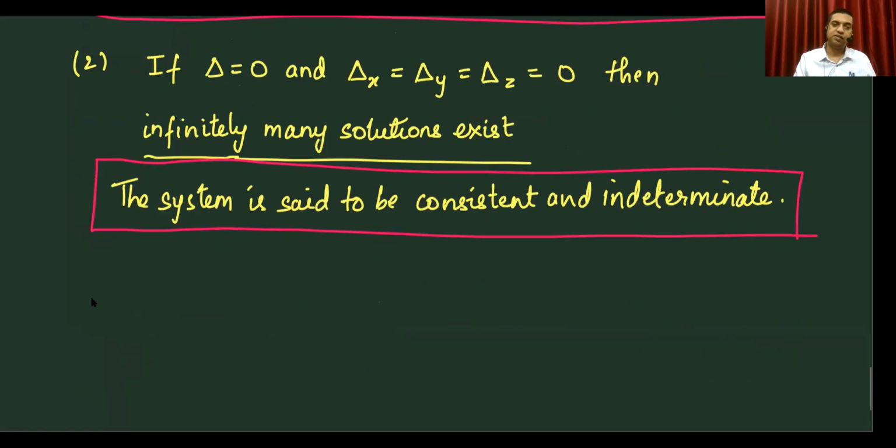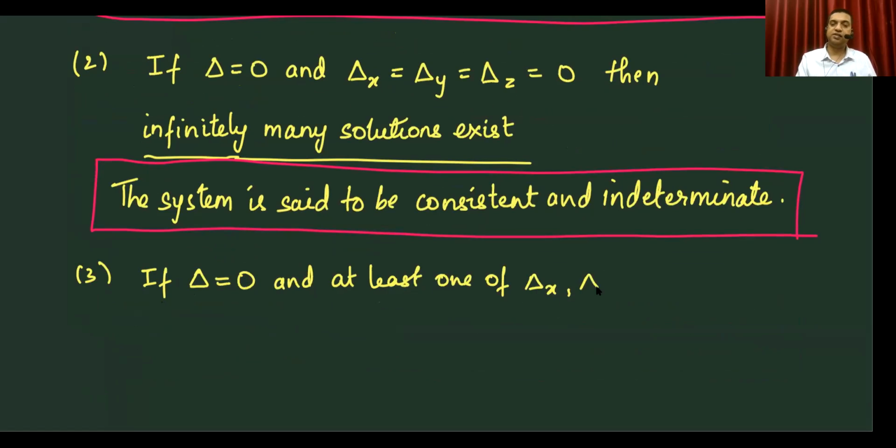Third one: if delta is equal to 0 and at least one of delta x, delta y, and delta z is not equal to 0, then there is no solution.